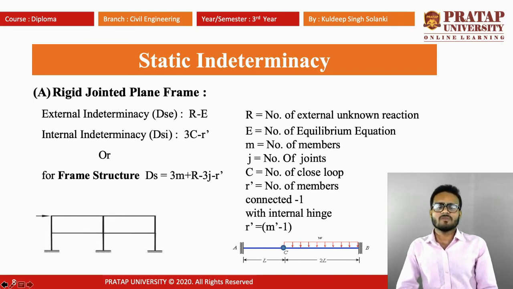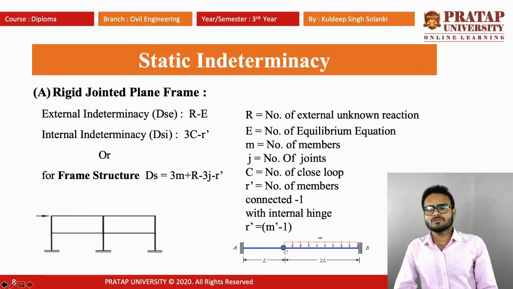M is the number of members. For the number of members, see the left side figure. This is the frame structure. You count: 1, 2, 3, 4, 5, 6 are the vertical members and 4 are the horizontal members. The total number is 10. For the number of members M, see the left figure and count all the members.